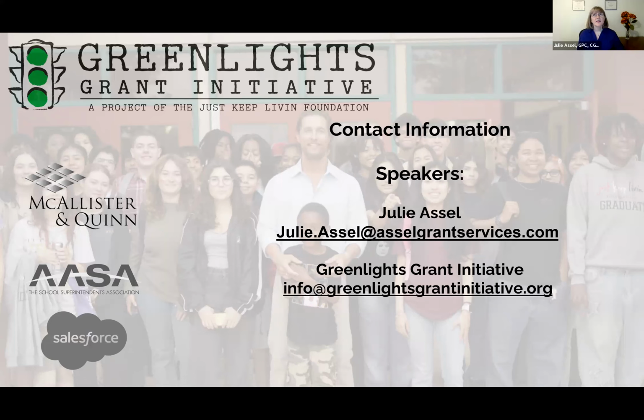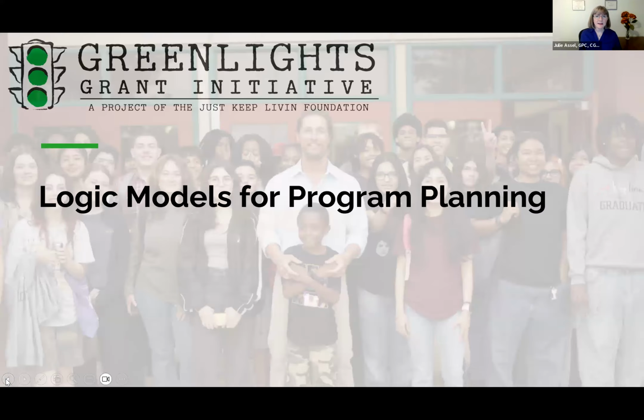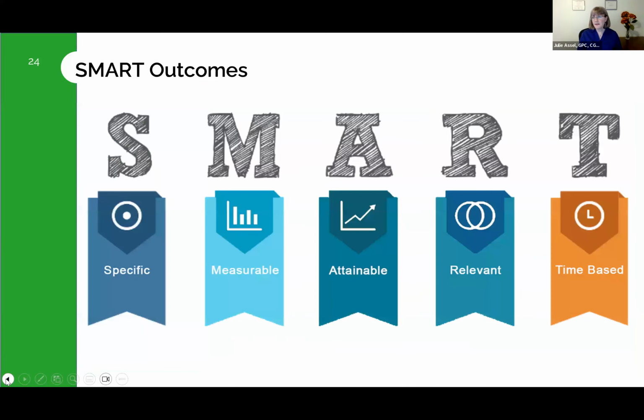So the reality is that a SMART goal, if the person running the slides can go back to the image of SMART. There we go, that one right there. The SMART aspect is really definitions.